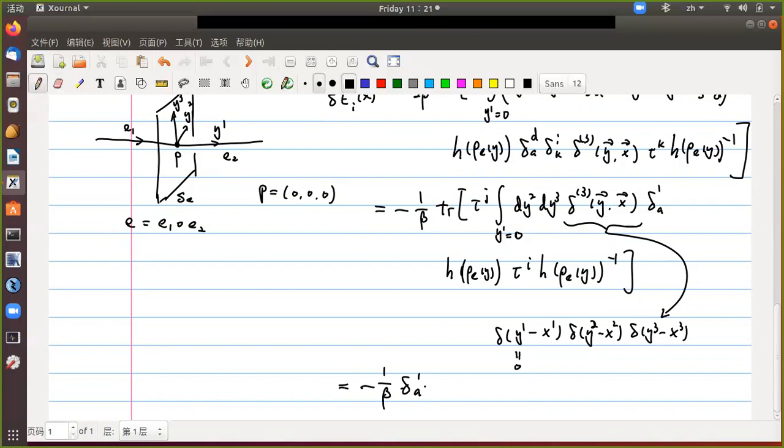Delta 1a, and we have a delta x1 coming from the first delta function, and we integrate out the last two delta functions. Integrate them out, you just get 1, and replace all the y's with x.